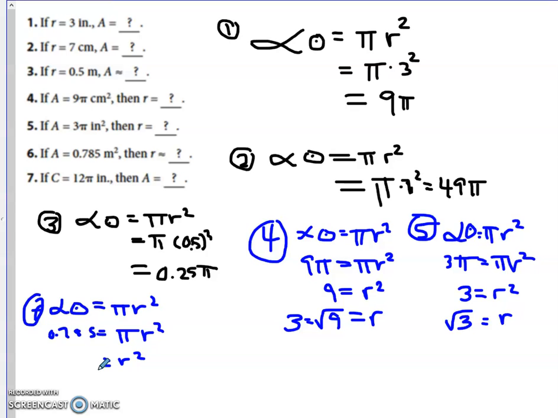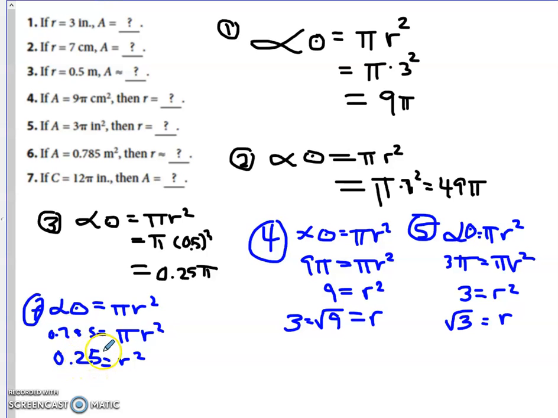And if you have a pi key on your calculator, use it. Otherwise use 3.14, which is what I'm going to use, and I got 0.25.